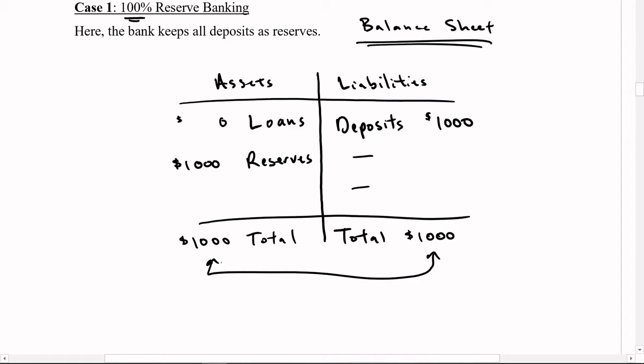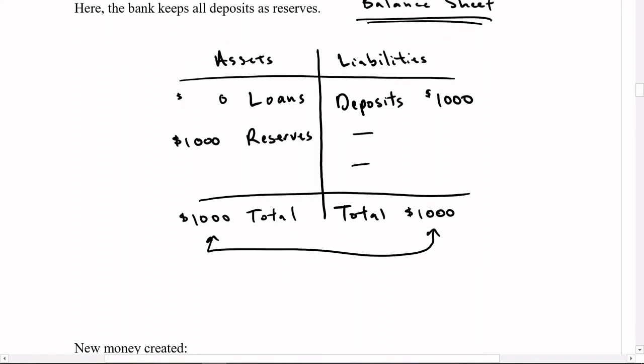Okay, in this case, it's really not that interesting. The bank is essentially just a place to hold your money. There's really no incentive to do this if the bank can't lend out anything, because the bank is essentially not making any money. Banks make money from loans.